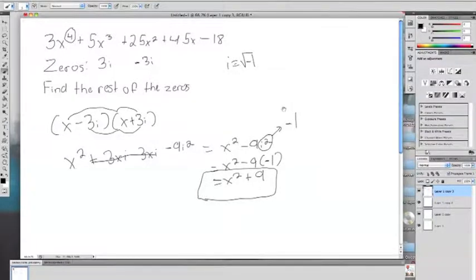Now our next step is to use long division and divide this equation by our answer, this one.